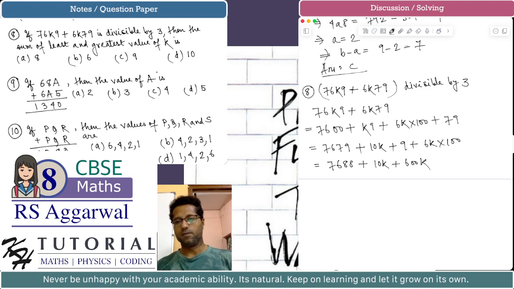Now for this number to be divisible by 3, what can the possible value of K be?